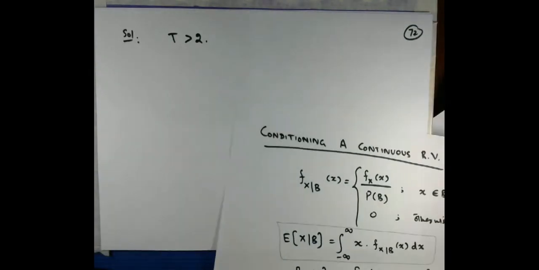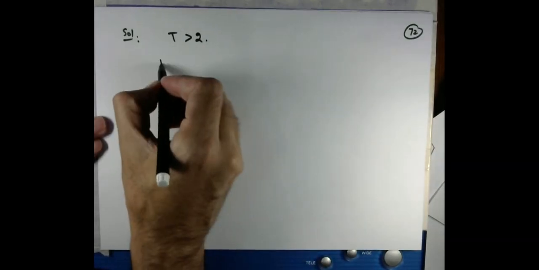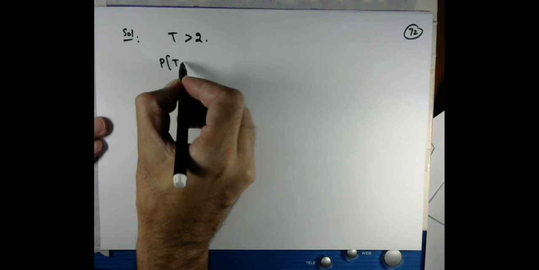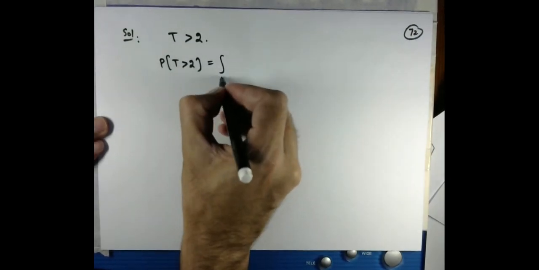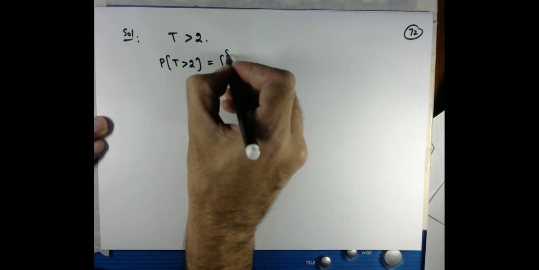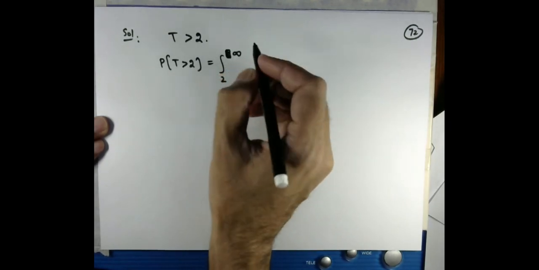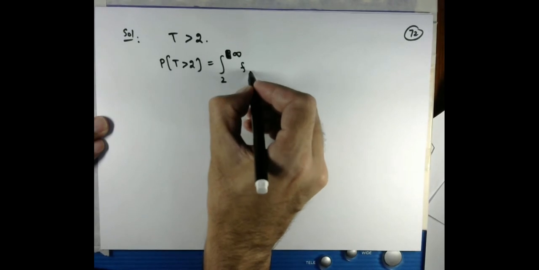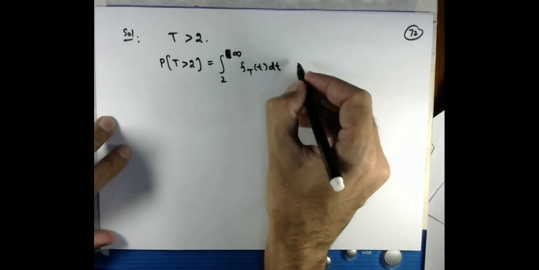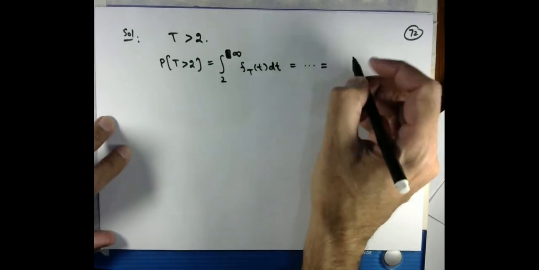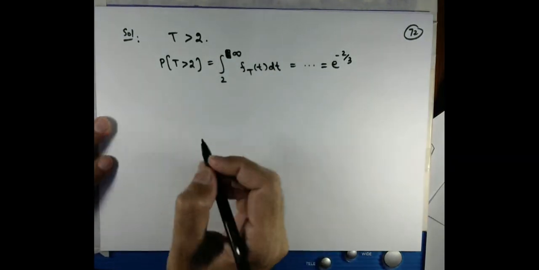To find the probability of this particular conditioning event, which is the probability that t is greater than 2, you will simply integrate the unconditional distribution from 2 to infinity, and this will easily give e raised to power minus 2 by 3.